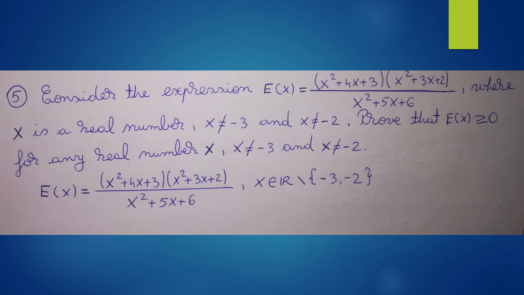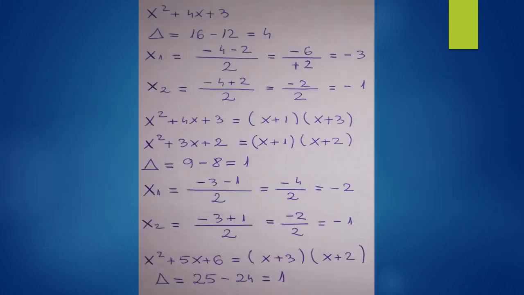We notice that each factor both in the numerator and the denominator are second degree equations. So we can decompose each of these second degree equations into a product of factors. First we take x squared plus 4x plus 3.